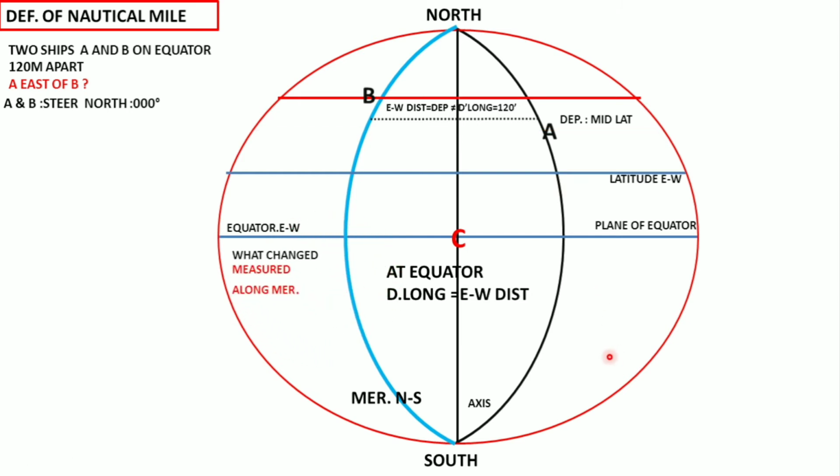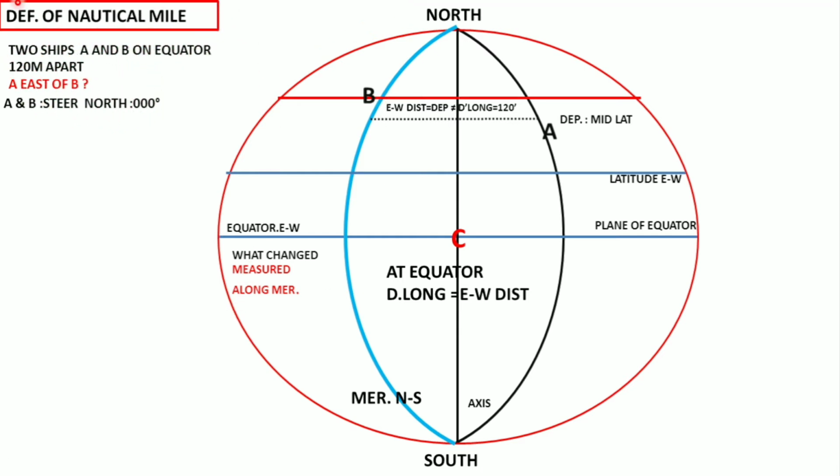When these two ships sail from the equator to the latitude they have reached, what changed and where was it measured? So basically the latitude has changed, or there was a d-lat, and it is being measured along the meridian.